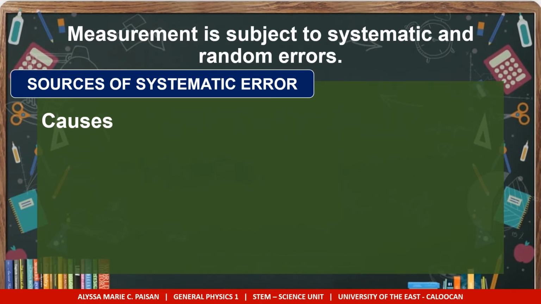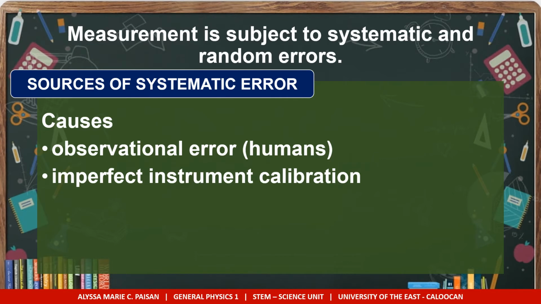Now, what are the sources of systematic error? Here: observational error and imperfect calibration. When we say observational error, this one deals with human error, meaning it could be a person measuring and his or her eyesight is not properly working during that time.